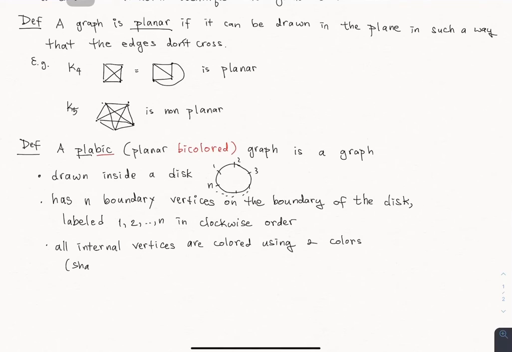One color would be shaded like that, and the other color is not shaded, or empty, or white, depending on the pen that you're using.